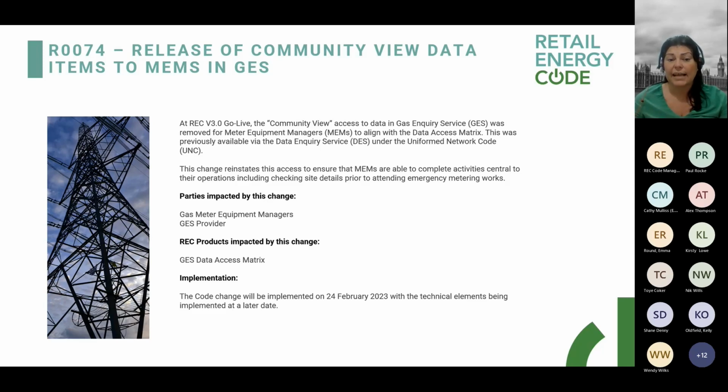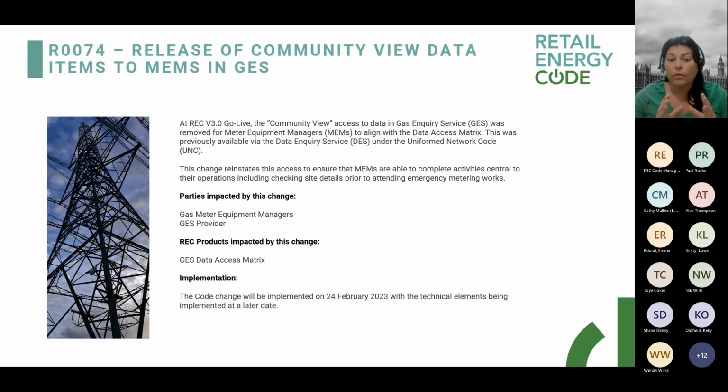The gas data access matrix will be published on EMAR on the 24th of February. However, there is a technical element that needs to be completed to have the physical community view available in GES.